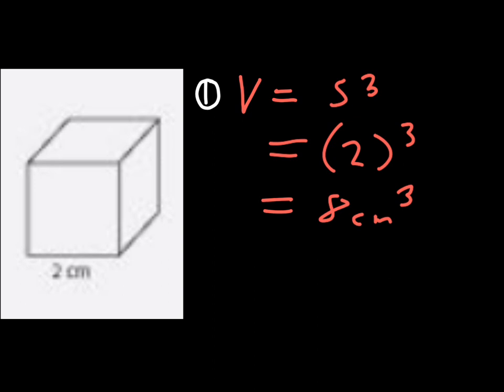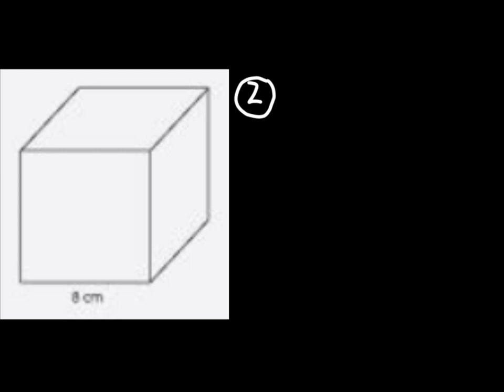Just like we used to say for area, if we were calculating the area of a square and it was in centimeters, we would say centimeters squared. For volume, we then say cubed instead of squared, because we have 3 dimensions instead of 2. Question number 2, we are once again asked to find the volume of a cube.